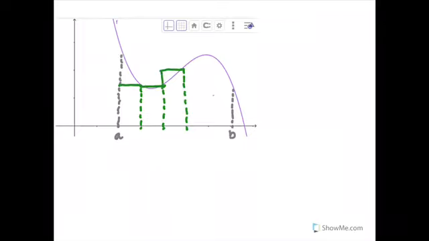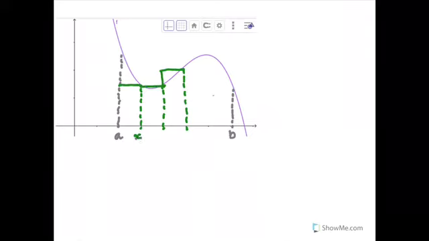Some of them are going to be overestimates, some underestimates, because my curve isn't increasing the whole time. When we did x squared, it was increasing the whole time, so when we picked the right-hand side, we always had overestimates for every rectangle. But not all curves are going to do that. So we just have to pick, but as n goes to infinity, it shouldn't matter if I use the left-hand side or the right-hand side because they're going to match.